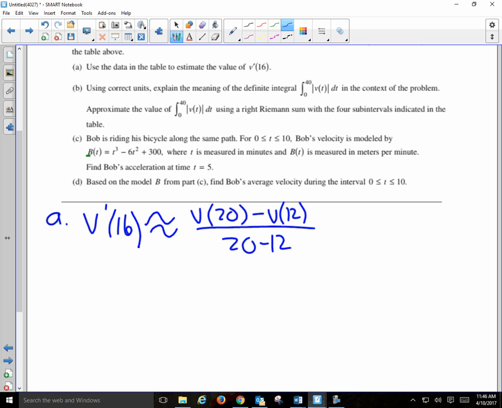So what's V of 20? 240 minus V of 12, 200, divided by 8. And I get 40 over 8, which is 5 meters per minute squared.